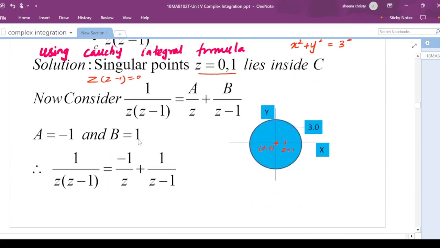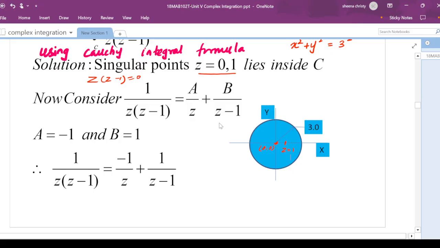Whereas here, both points lie inside the contour C. Therefore, we have to separate it with the help of the partial fraction method. Then only we can apply Cauchy's integral formula.